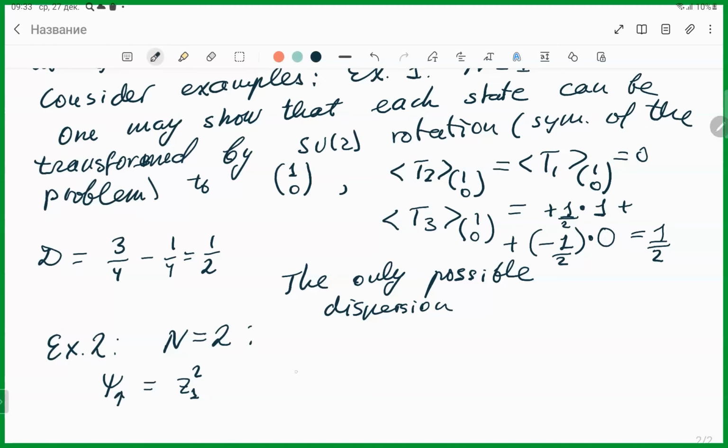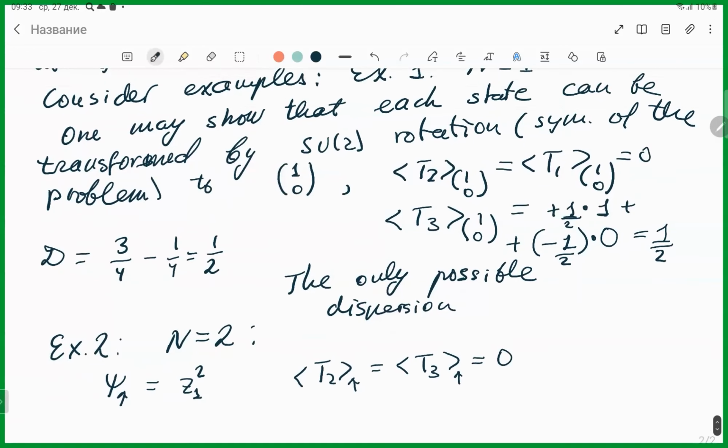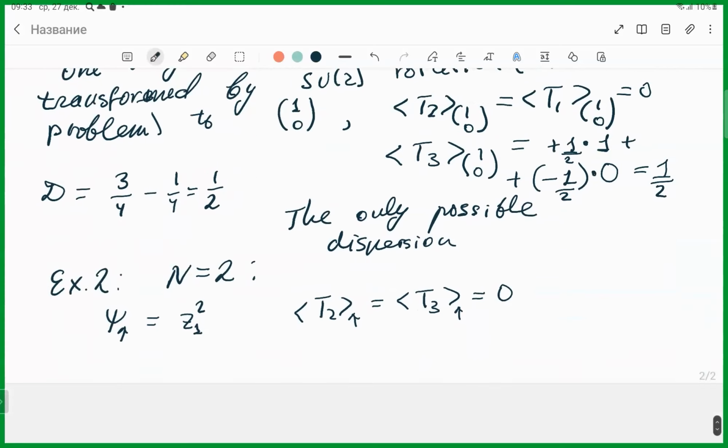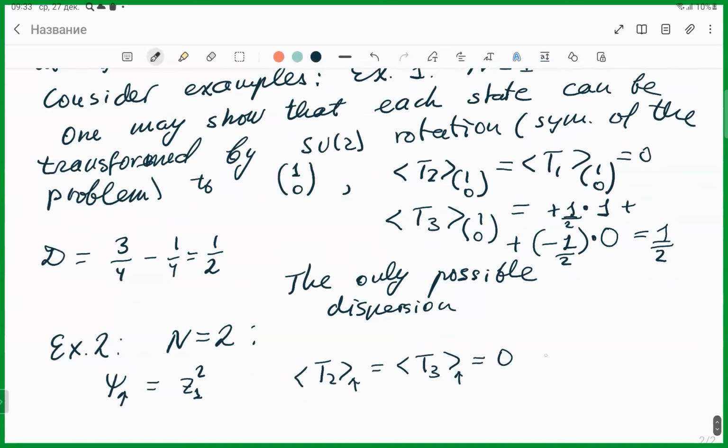Then it is clear that the average of T2 on state up equals the average of T3 on state up equals 0. But the average of T1 on state up is 1.